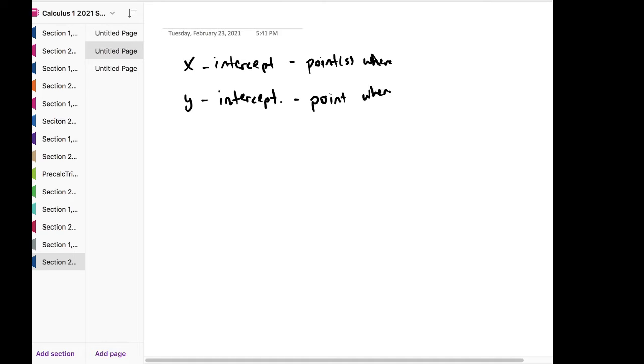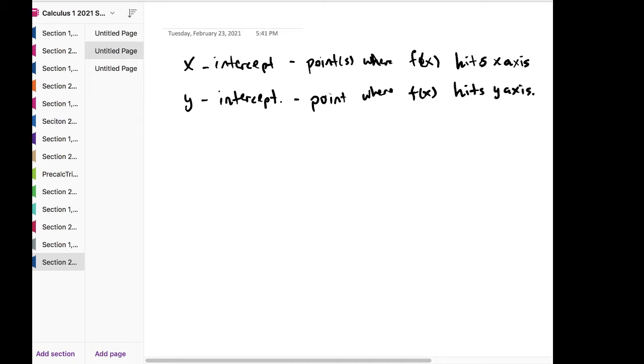Well, okay, so points where the function crosses the x-axis. Crosses, or not crosses, but let's say hits, just because touching is okay. Hits the x-axis, and/or f of x hits the y-axis.